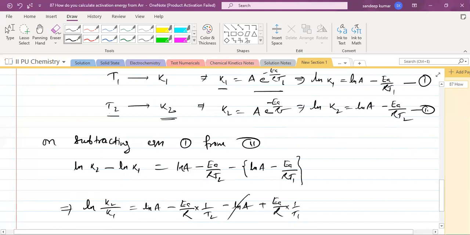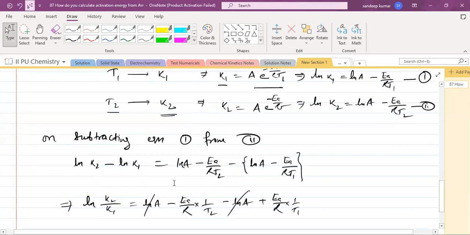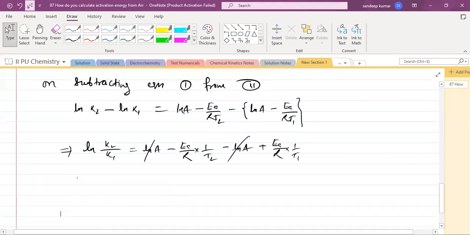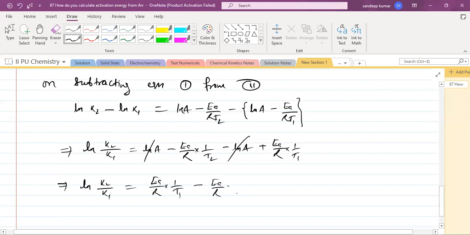Now minus ln A and plus ln A get cancelled. Just rearranging, we write ln K2 by K1 is equal to EA by R into 1 by T1 minus EA by R into 1 by T2.